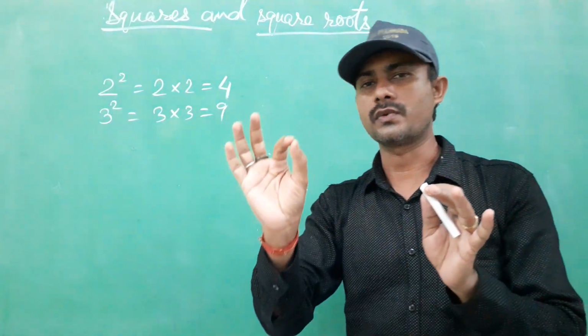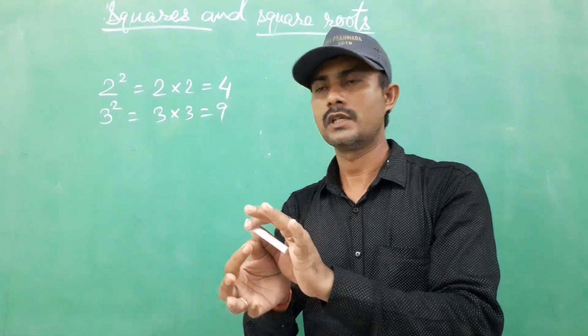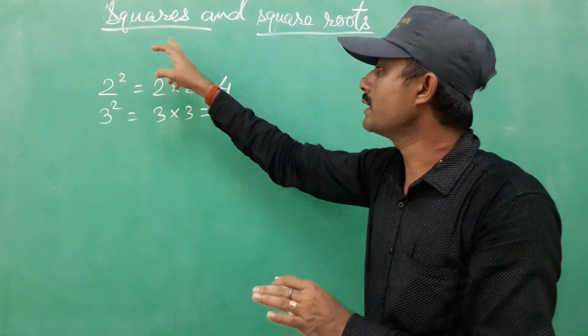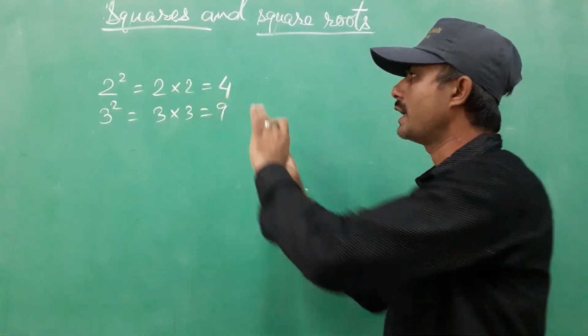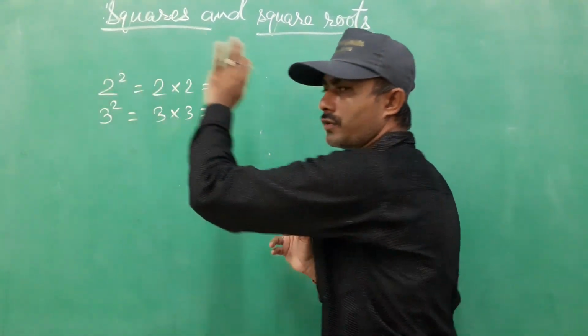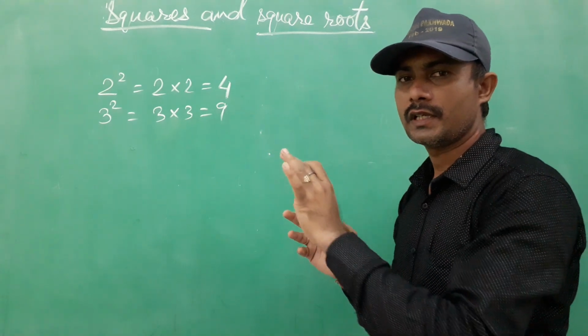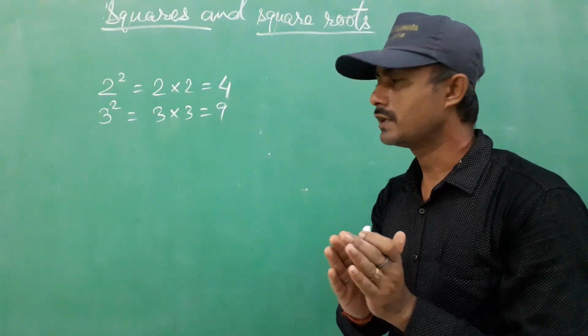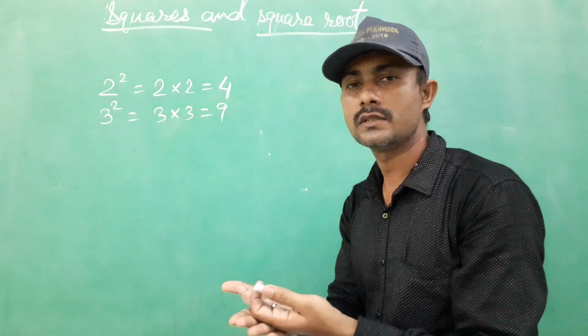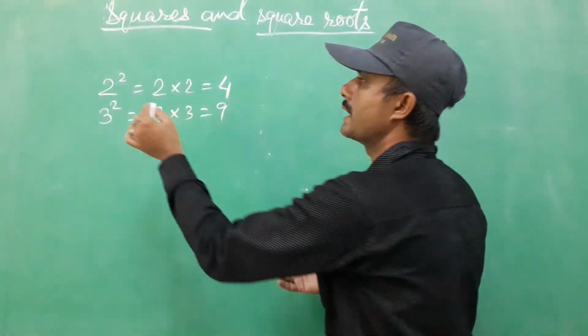Reverse of a square is a square root. Here we are finding the square of a number, and here we are finding the square root of a number. If a square is given, how can we find the square root? By getting this number.